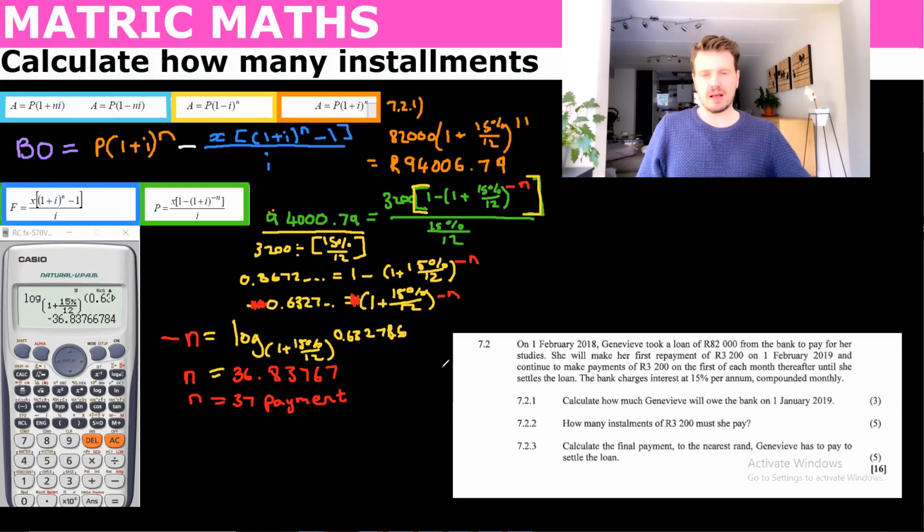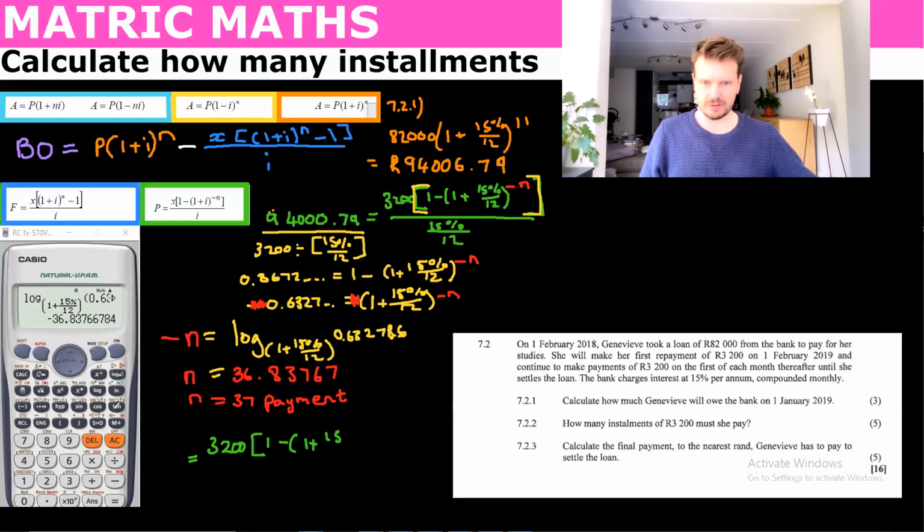Now, I'm not going to have time to do the balance outstanding formula, but I said that you couldn't use this green one. You actually can. There's a little trick here. You can say the value of the payments is 3,200. And this fraction here, the 83767, is what you're concerned with, and you can put that in the fraction part.